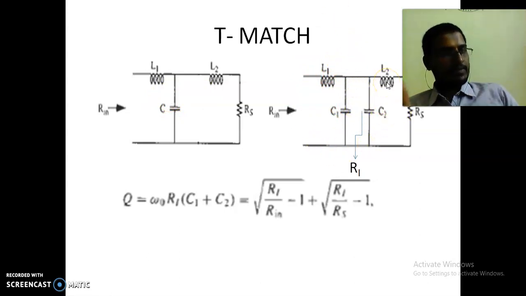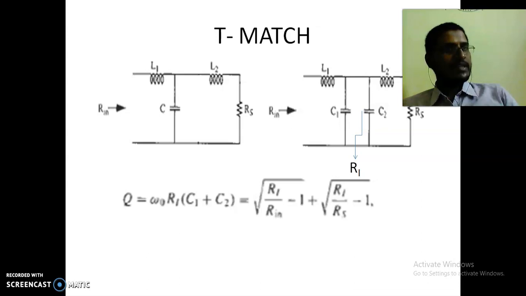How do we analyze this? Here, L2, C2 and RS are neither in parallel nor in series, so it is not possible to analyze that network directly. We need to convert this series L2 and RS to parallel.